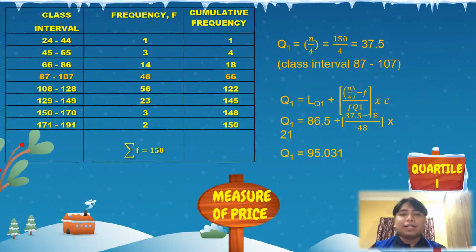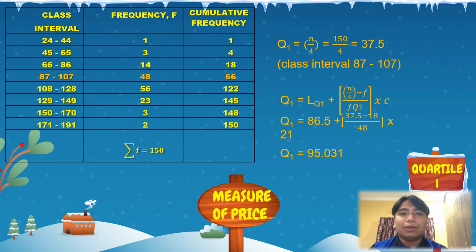The second part is measure of position. In the measure of position, we have quartile 1 and quartile 3. So we calculate the quartile 1 first. In this part, we have class interval, frequency F, and cumulative frequency.